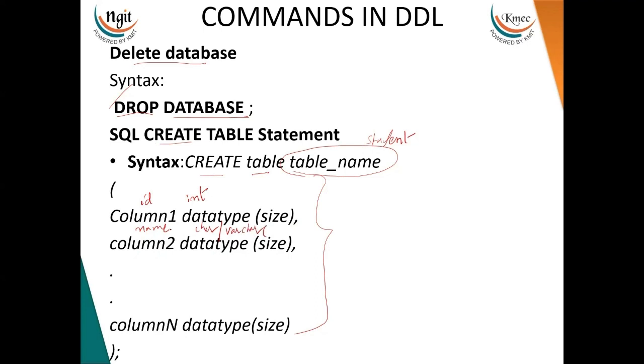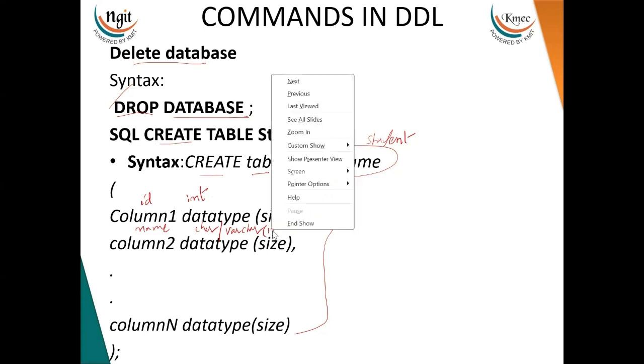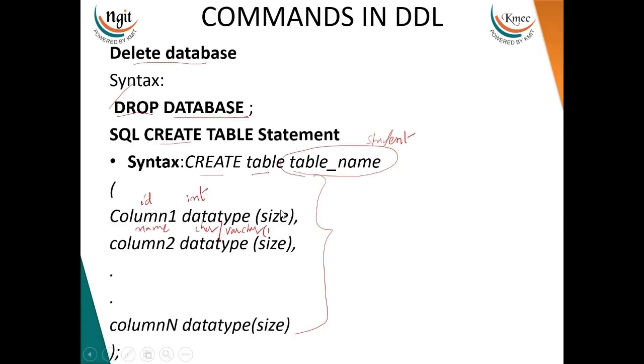As this is a collection of characters, you also have to include the size, up to how many characters it is going to accept. So let the size of this be 10. You can give any size over here, and so on. You can give n number of attributes for the student relation, close it, and end it with a semicolon.